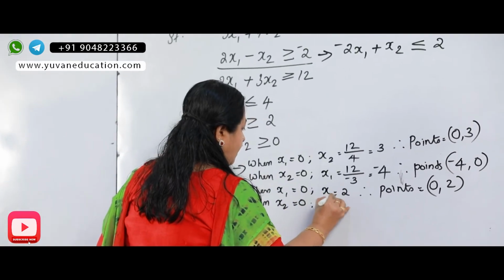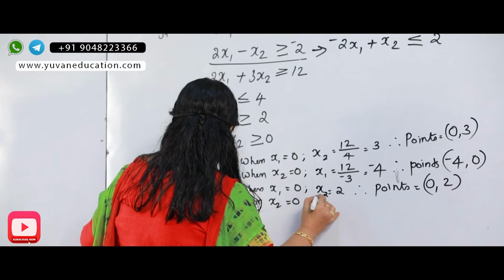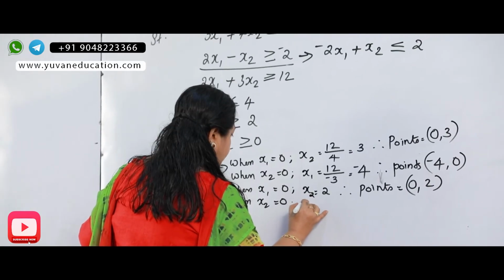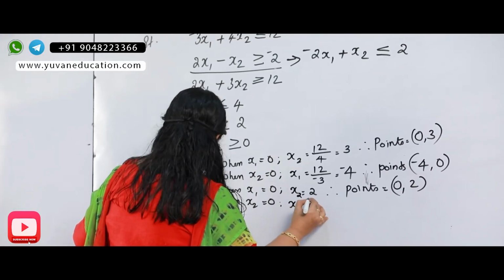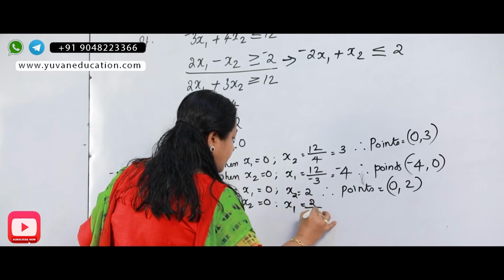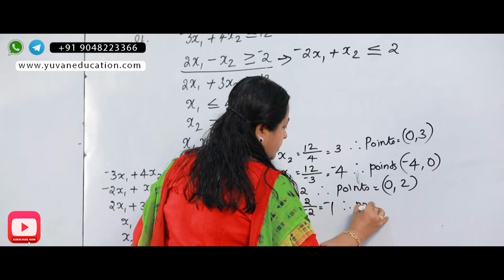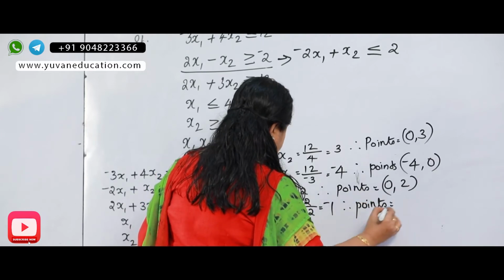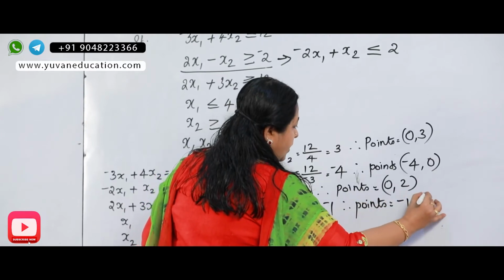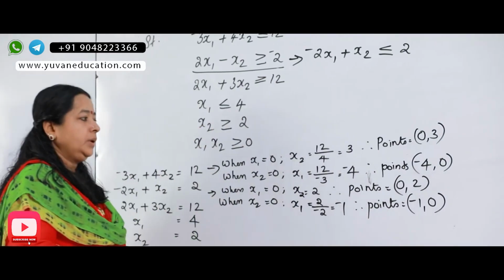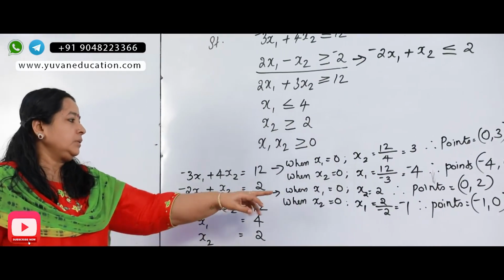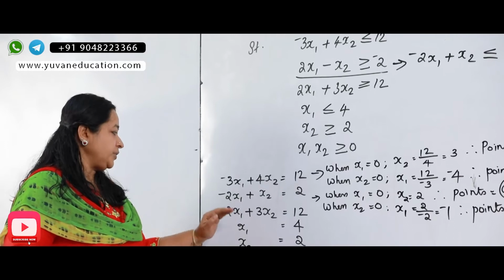Therefore, x1 is equal to 2 divided by minus 2, it is minus 1. Points minus 1, 0. Okay, so 2 constraints over.